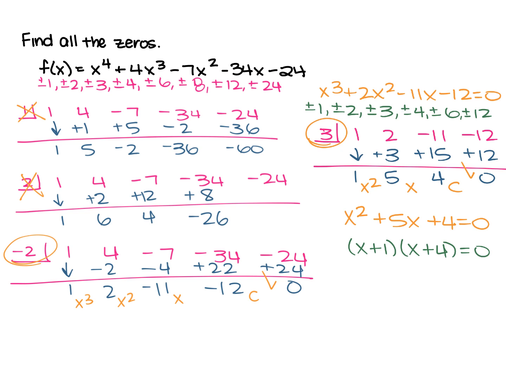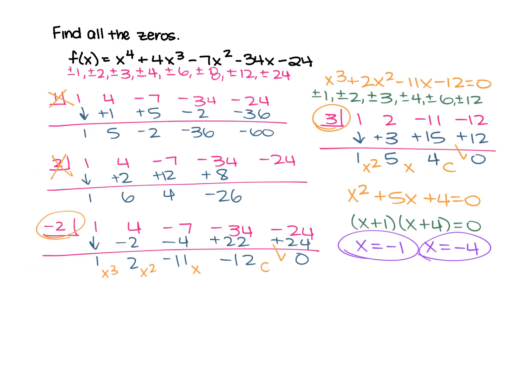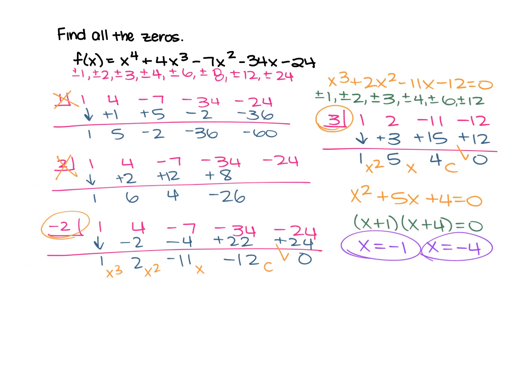If we set both of these equal to 0 and solve, we get x is equal to negative 1 and x is equal to negative 4. So we have these two as solutions as well. Again, from the very beginning, your power is 4, so you need 4 solutions. You have x is equal to negative 2, x is equal to 3, x is equal to negative 1, and x is equal to negative 4.